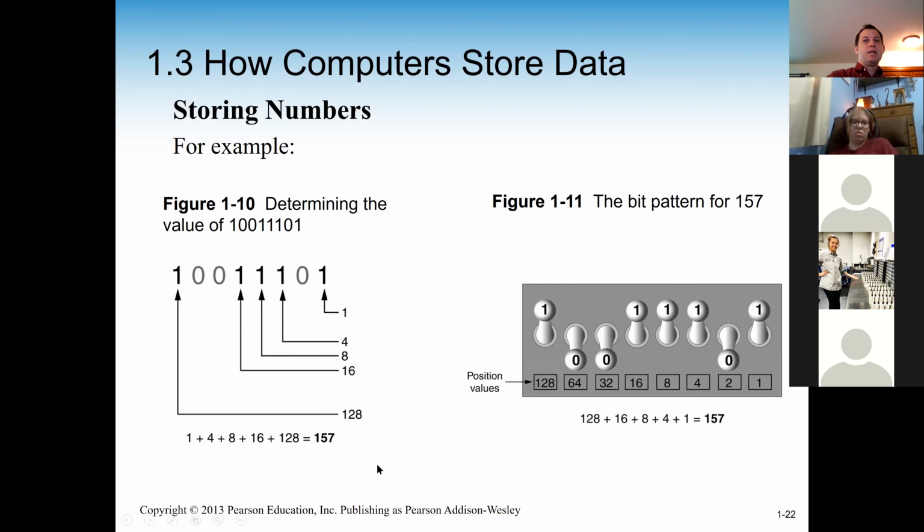The last one is 2 to the 7 times 1, which is 128. Do you see that, guys? That's how computers work. Once you do that, you just add the numbers and you get the result. For instance, this binary representation, 1 0 0 1 1 1 0 1, is equivalent to the number 157.